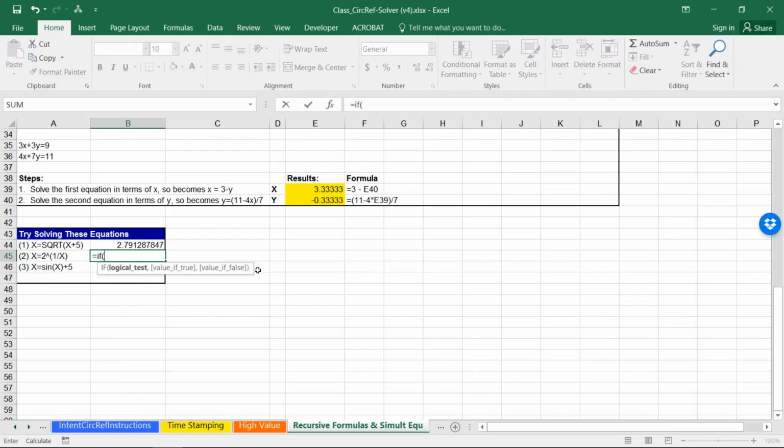So equals if the cell I'm in, B45, equals 0, then let's put in a seed, it doesn't matter what it is, and then the equation. B45, and we've got our results.